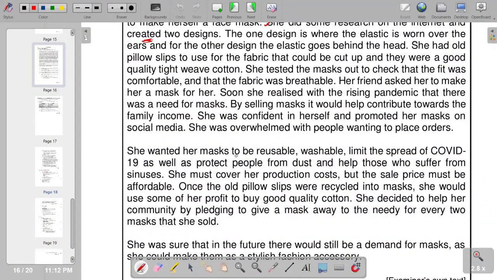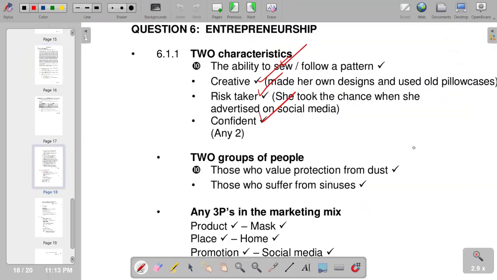One of the groups we can identify here. It reads, as well as protect people from dust. So those who value protection from the dust, and also the other group is those who suffer from sinuses. So those are the 2 that we have.